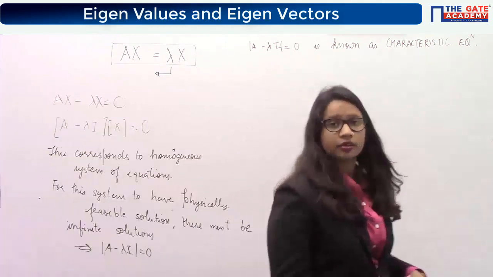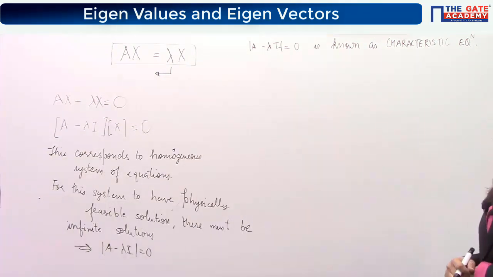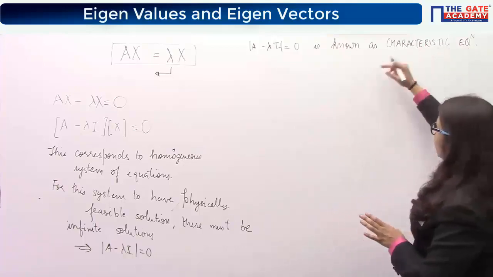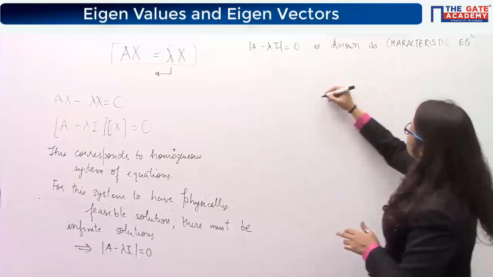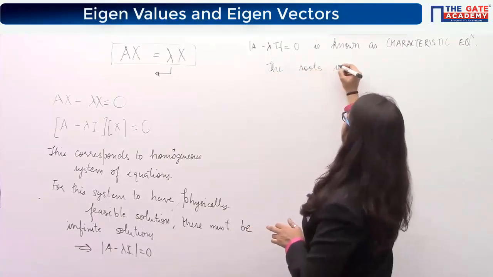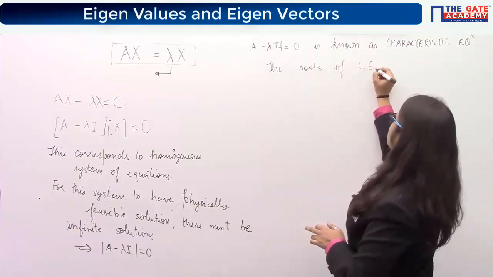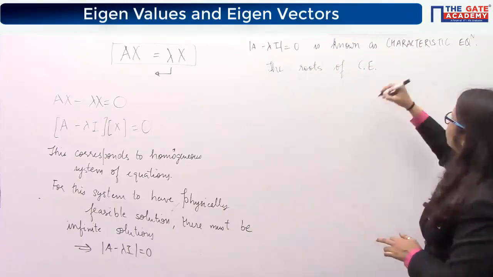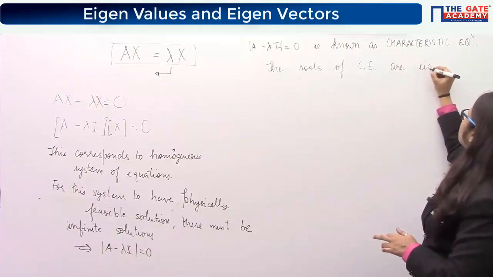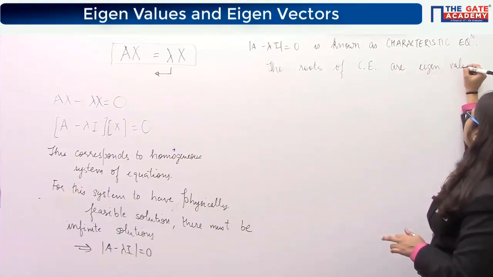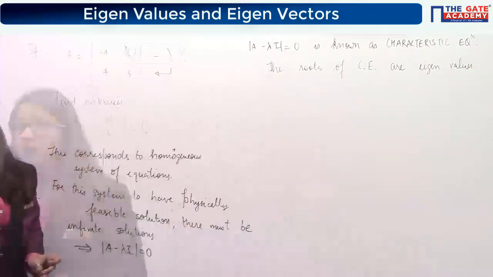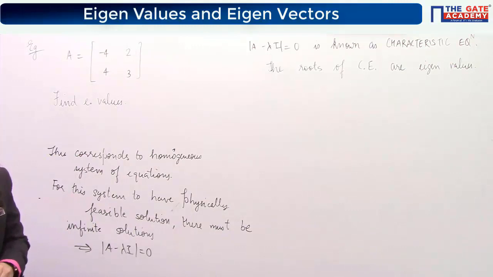Characteristic equation. Okay. Now we will solve this equation to get the values of lambda. Lambda means eigenvalues. So the roots of the characteristic equation, write this down. I am writing in short: characteristic equation CE. Roots of the characteristic equation are eigenvalues. Okay. So let's find the eigenvalues of this matrix.